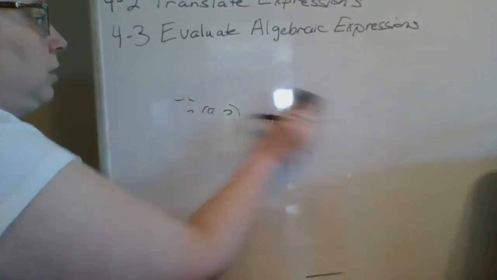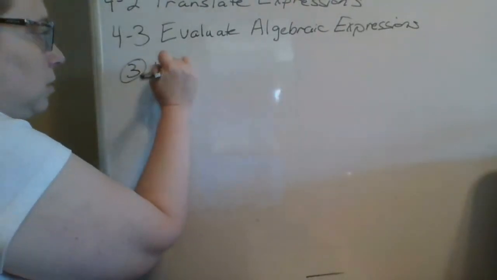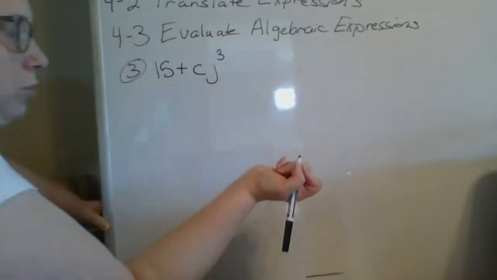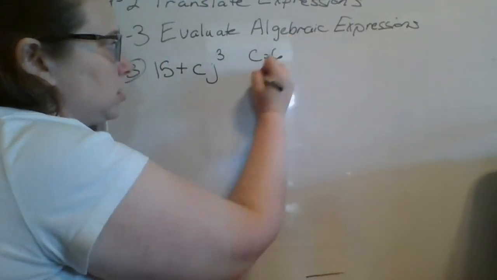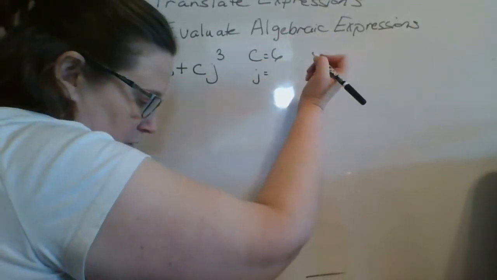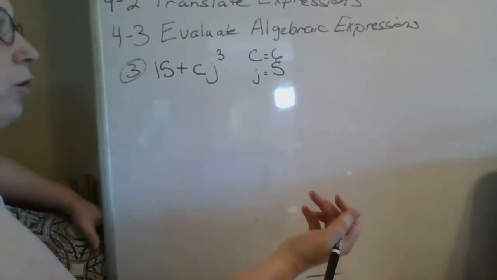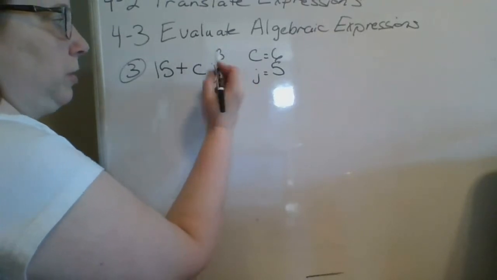We have 15 plus CJ cubed. And they tell us that C equals 6 and J equals 5. When you look at number 3, I hope that the first thing that you notice is this exponent.